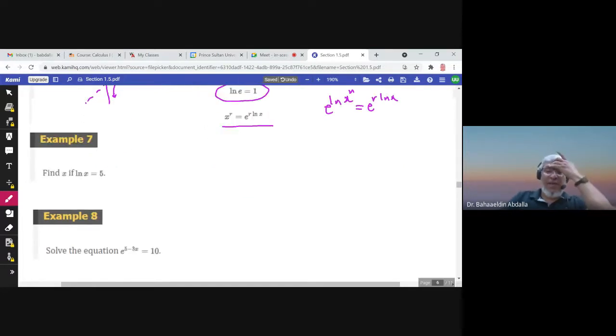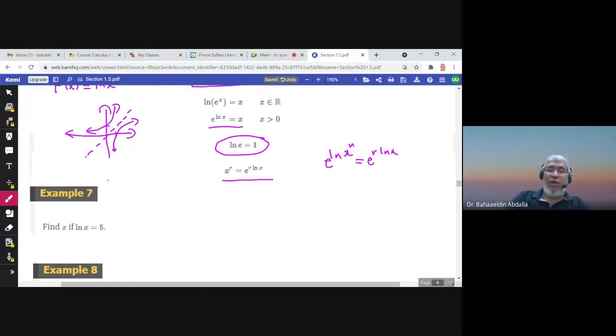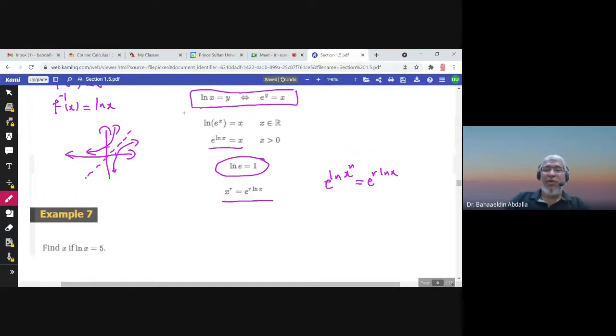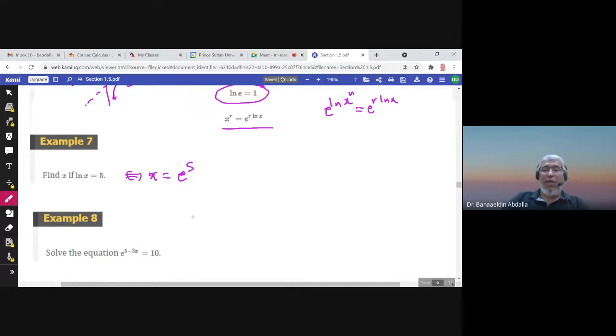Find x if ln x is 5. Well, using this property, if ln x is 5, this means that x is e to the power 5. X is e to the power 5 immediately. If you like, you can solve it in another way.